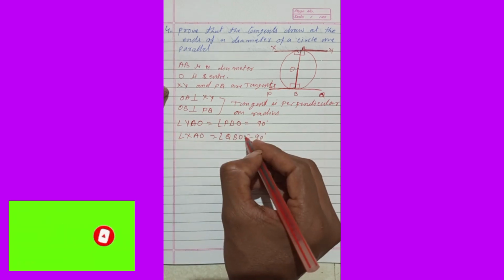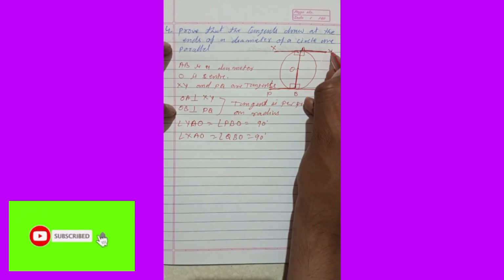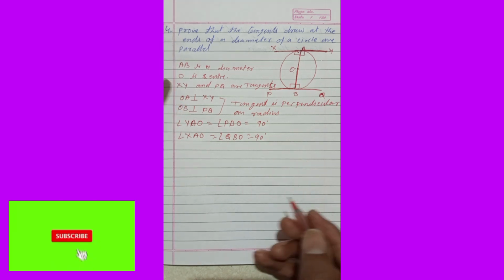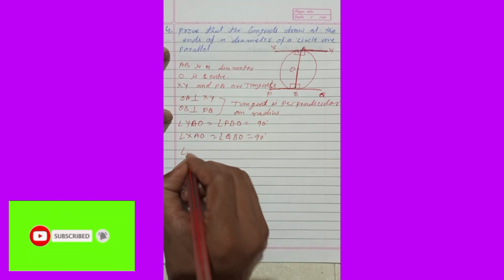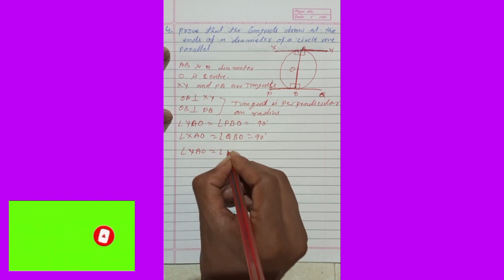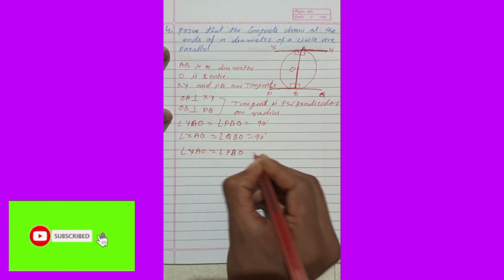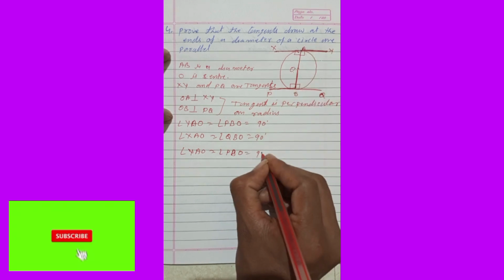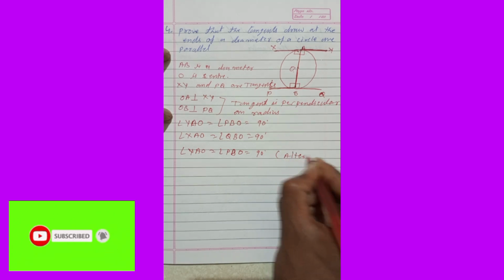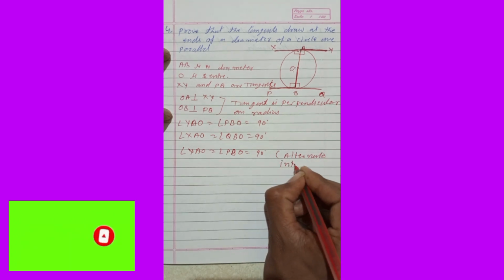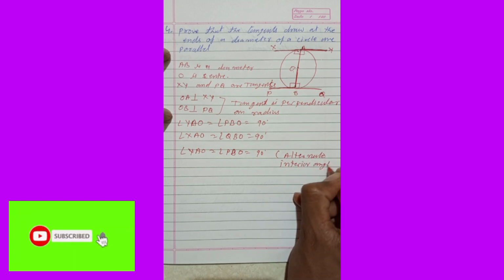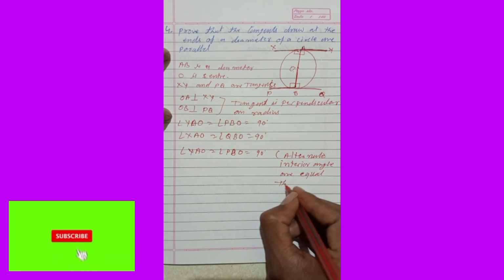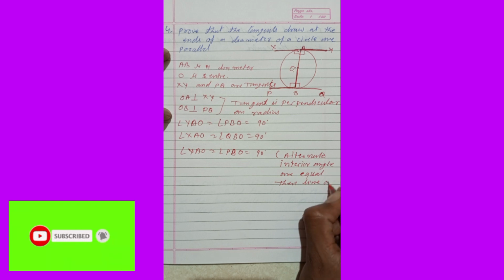If angle YAO is equal to angle PBO, the alternate interior angles are equal to 90 degrees, then the lines are parallel.